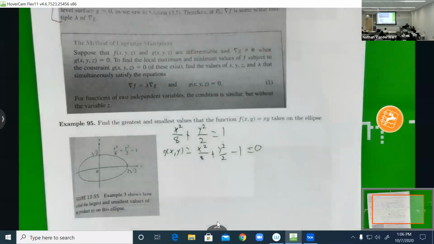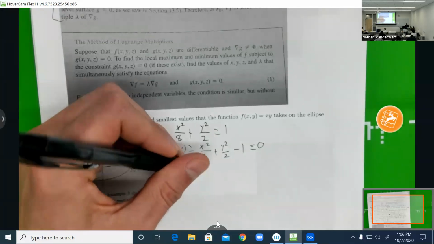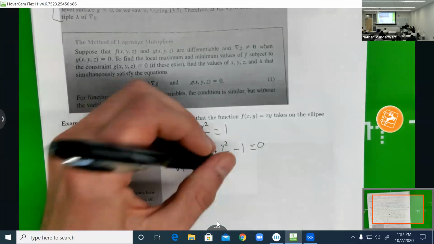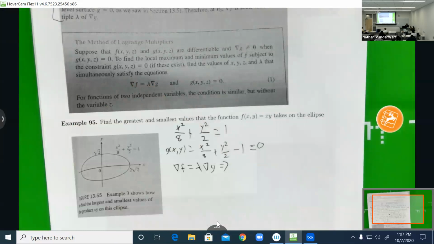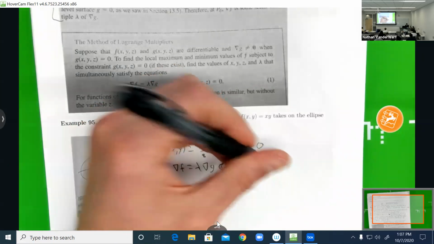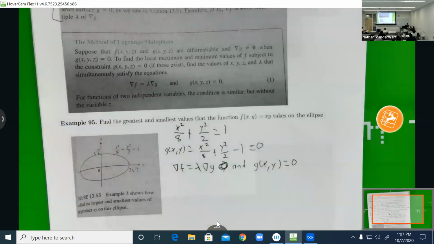And we now want to solve the gradient of f equals lambda times the gradient of g. We need to make sure that whatever we get also satisfies g(x,y) equals 0, so we have to keep track of both of these.